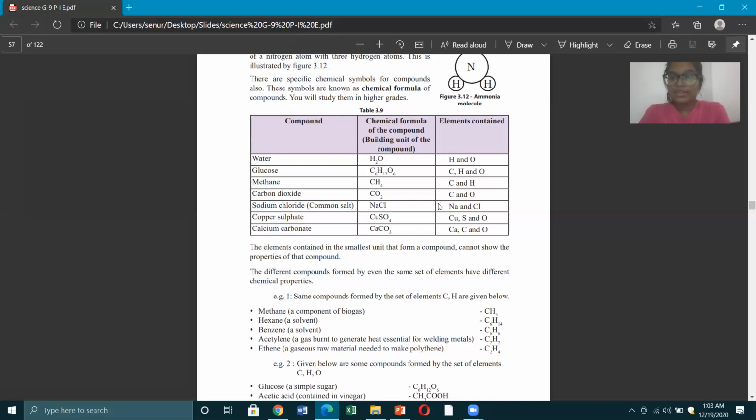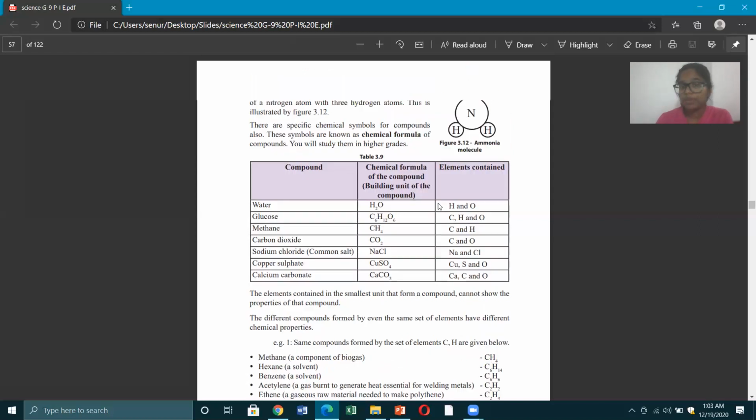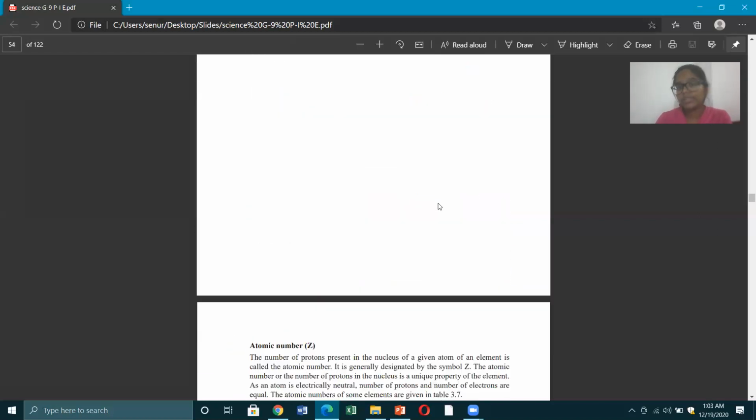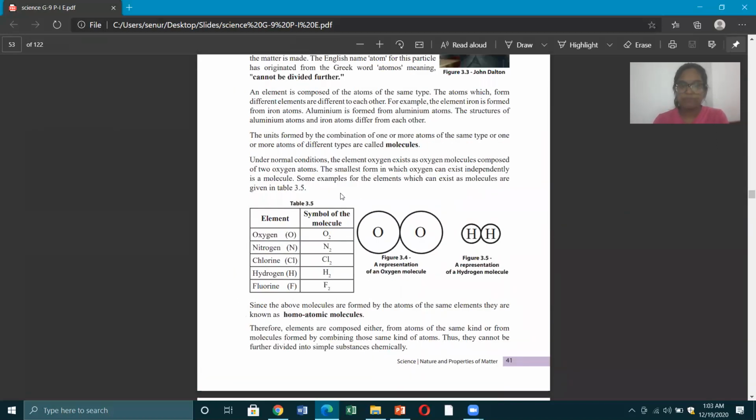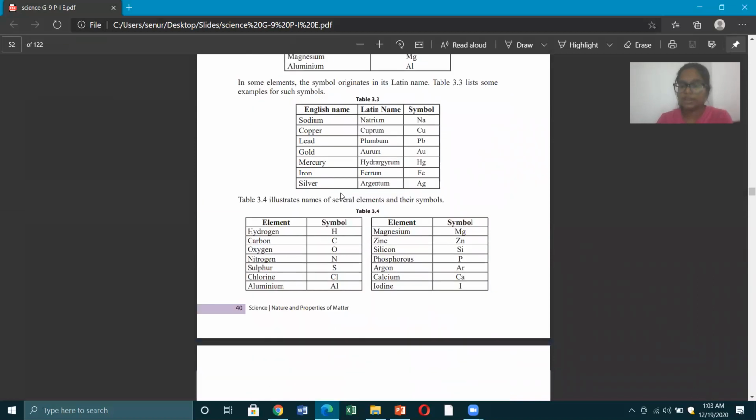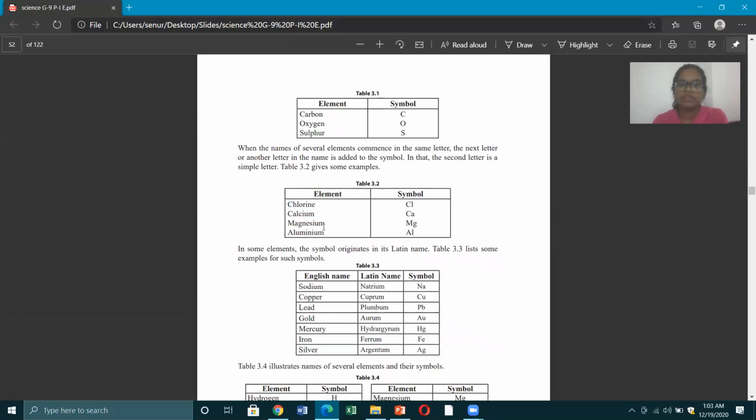So Cl is easy because chloride is chlorine. So you put Cl. But why did we put Na for sodium? I hope you all can remember. Why did we put Na for sodium? We learned it last week: you can't put S. Why?